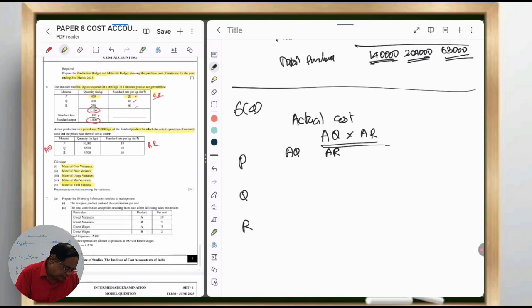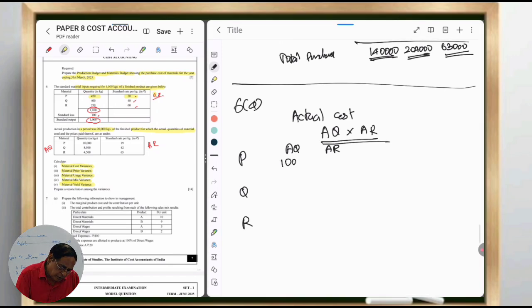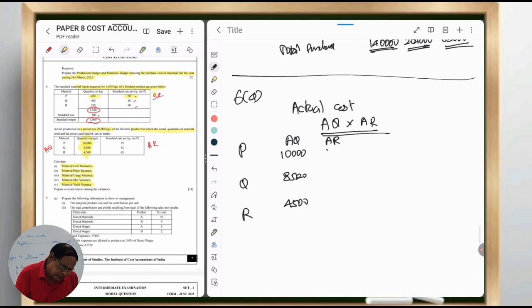The actual quantity of P is 10,000, actual quantity of Q is 8,500, and actual quantity of R is 4,800. The actual rates are 19 rupees, 42 rupees, and 65 rupees.